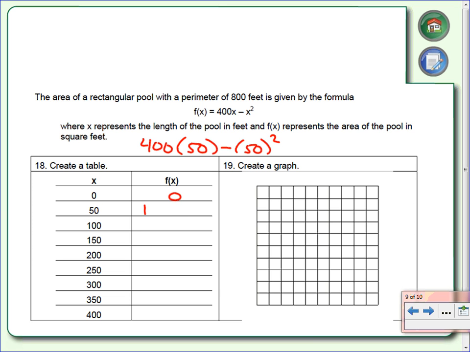Let's keep going. Let's try this again. This time we're going to use 100 for the x's. Let's see what number you get this time. 30,000.